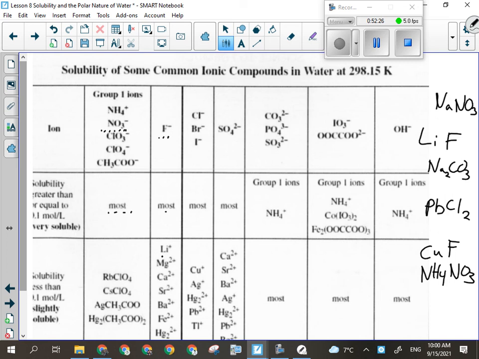So carbonate is soluble with anything in group 1. That would be hydrogen, lithium, sodium, potassium, rubidium, cesium, and francium. Anywhere it says group 1 ions, that just means the first column of metals on the periodic table. That's why I picked that one, so that we could explain what group 1 ions are.